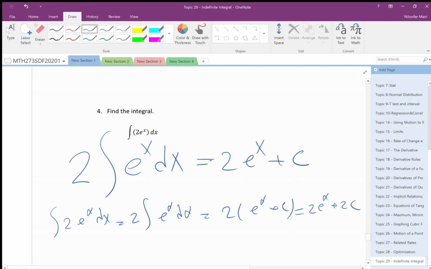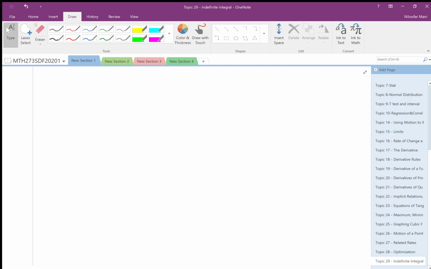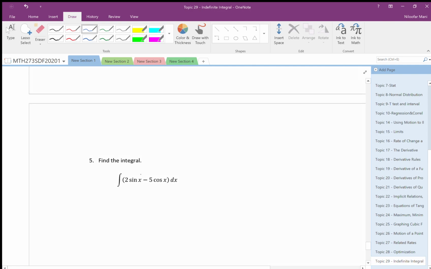Instead of 2c, or c1 plus c2 plus c3, or several c's, you can just write one c, because that's a constant number. Addition of a constant number, so you don't need that.